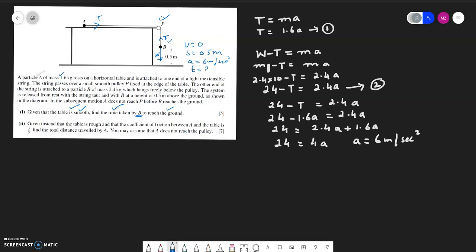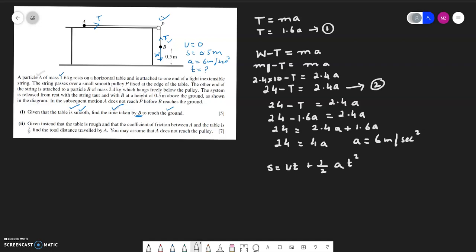This is all the data we have gathered from the information given in the question, and now we will use this data to find the value of t by using this equation of motion, that is s is equal to ut plus 1 over 2 at squared.